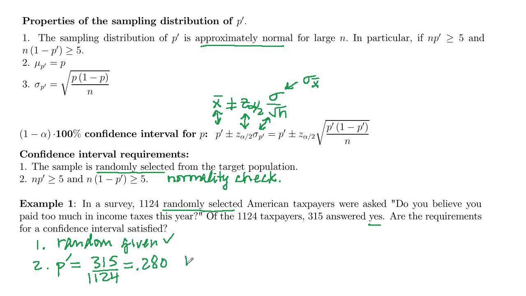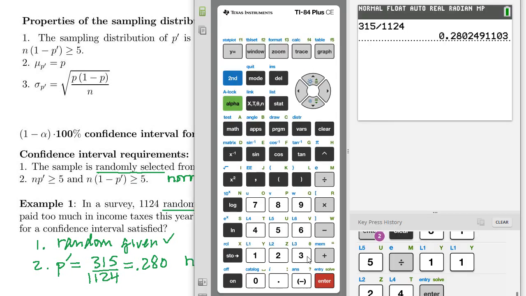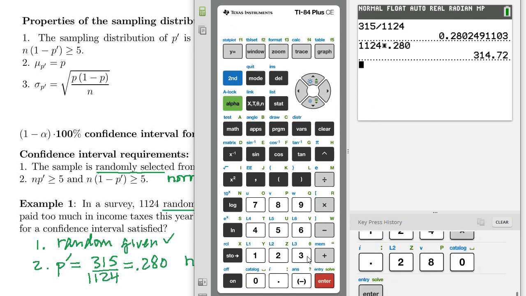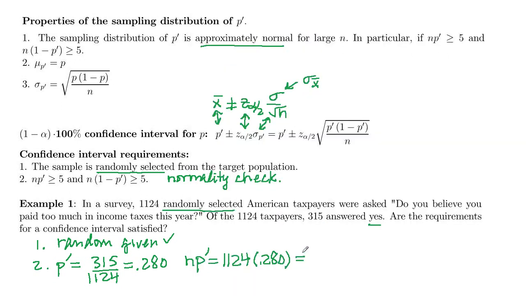Now n times p prime is 1,124 times 0.280, which should give us 315. It gives 314.72, and that's just because we rounded. So this is approximately 315, and that's definitely greater than or equal to 5.